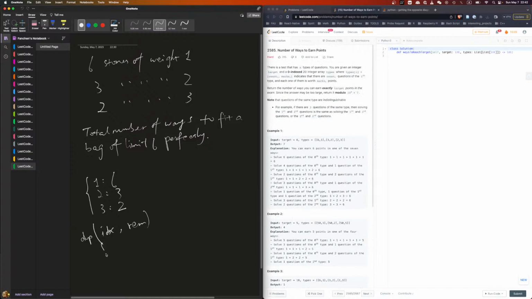You can say for count in range counter, which shall be marks index. So we can say we take 0 of this, 1 of this, 2 of this. Maybe. Let's give this a shot.